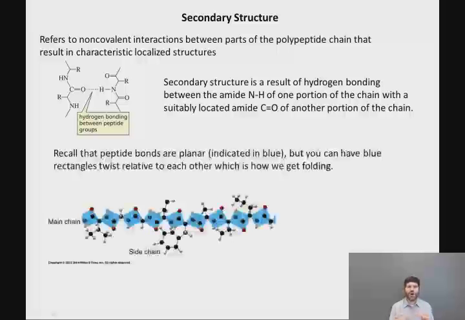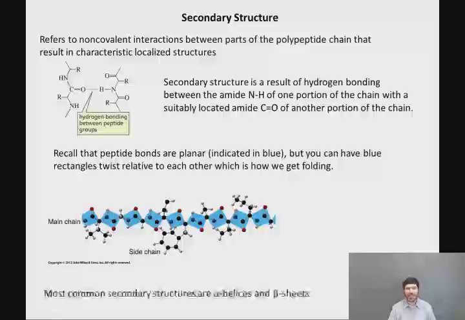Okay, so recall that peptide bonds are planar. So the planar portions are indicated in blue on this diagram, but you can have these blue rectangles twist relative to each other in 3 dimensions, which is how we get folding of the chain and how we get these carbonyl groups and NH groups close enough to each other that they can participate in hydrogen bonding.